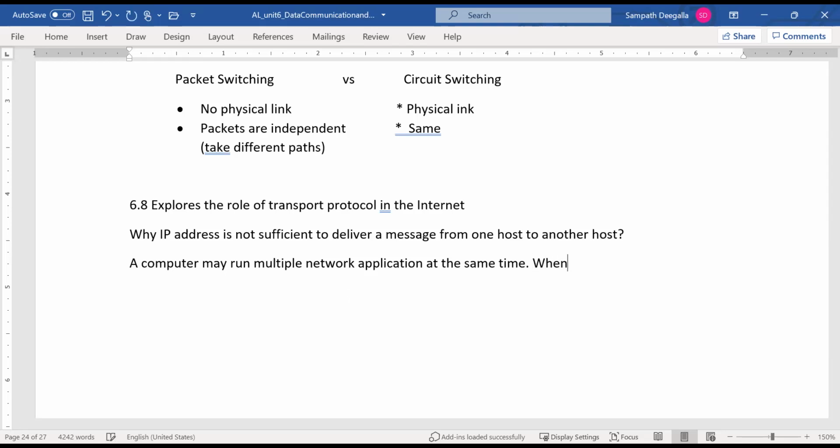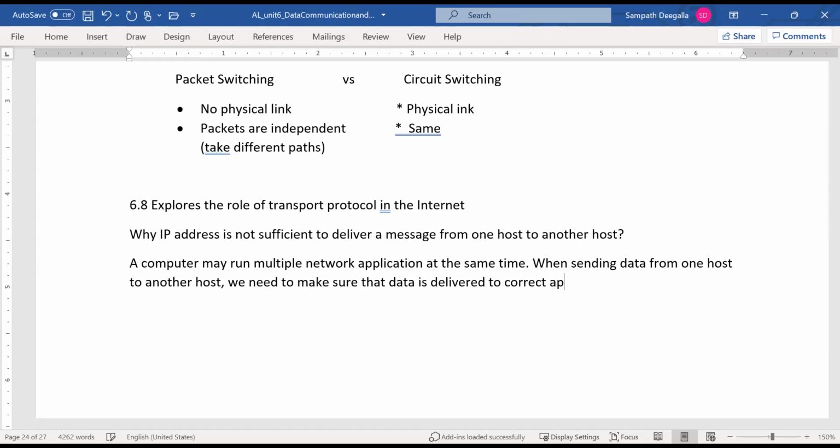So when sending data from one machine, let's say from one host to another host, we need to make sure that data is delivered to the correct application, because when you have multiple applications, how do you do this? So that's the question.